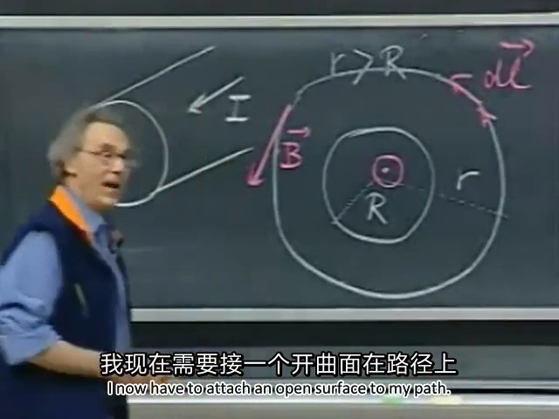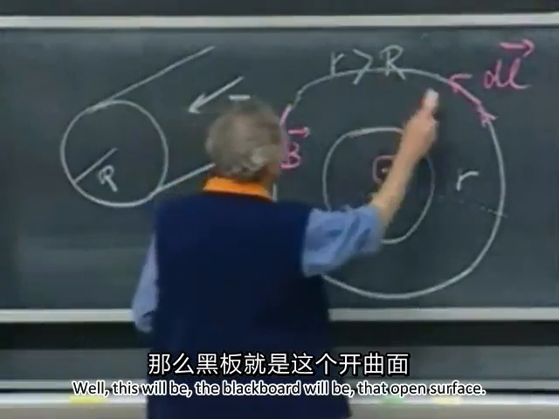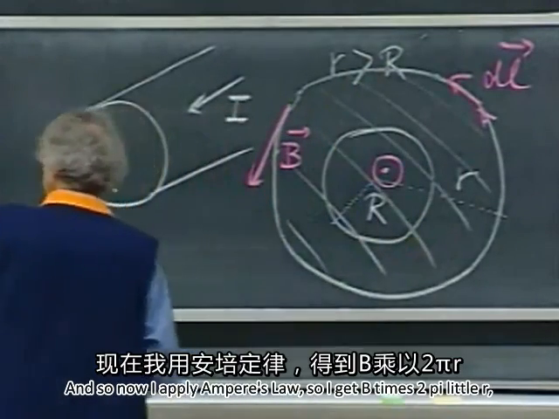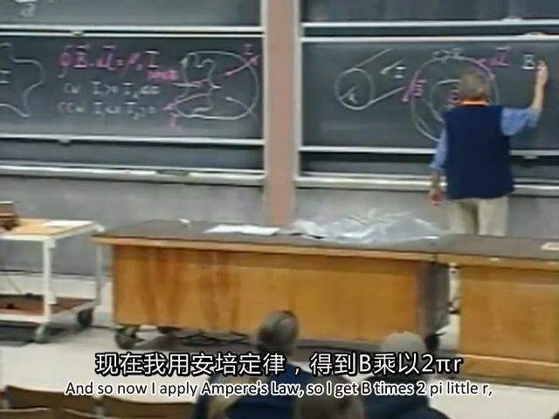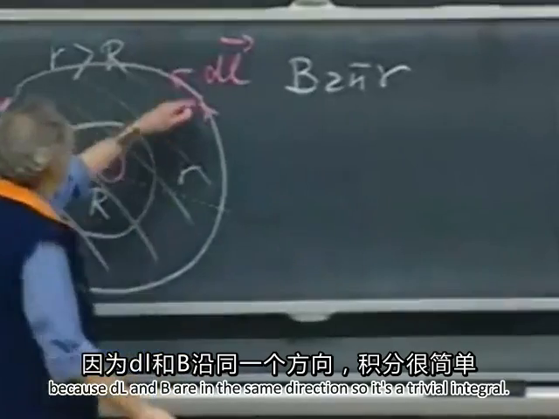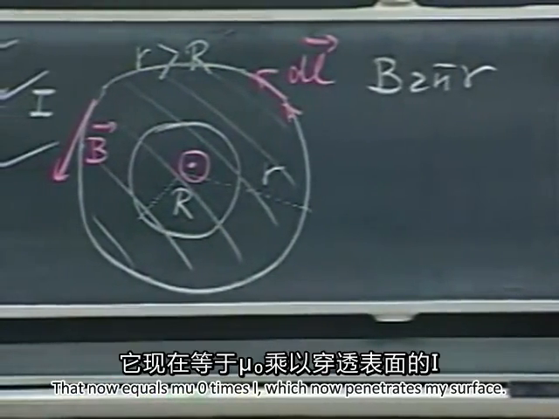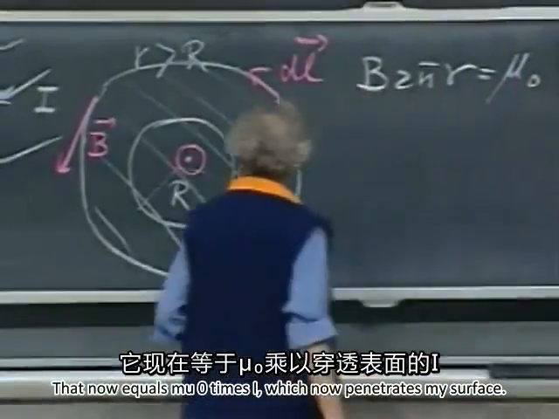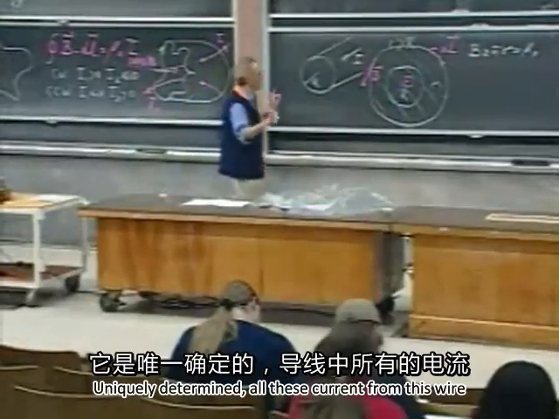I now have to attach an open surface to my path. Well, the blackboard will be that open surface. And so now I apply Ampere's law. So I get B times 2 pi little r, because dl and B are in the same direction, so it's a trivial integral. That now equals mu 0 times I, which now penetrates my surface, uniquely determined.